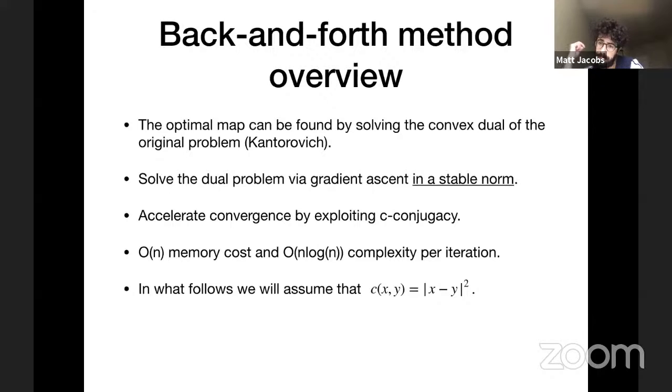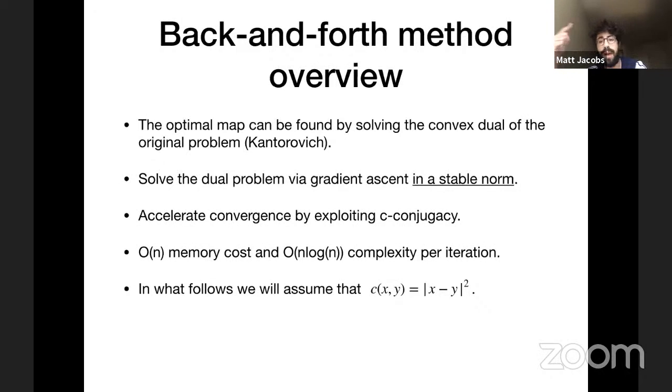Initially what you have here is a linear programming problem, but there are ways that you can transform it into something that's nicer, which I'll talk about in the next few slides. Once we have this dual problem, we're going to apply gradient ascent. And there, the key is that you do this gradient ascent in a stable norm.